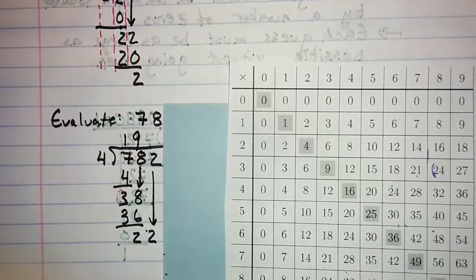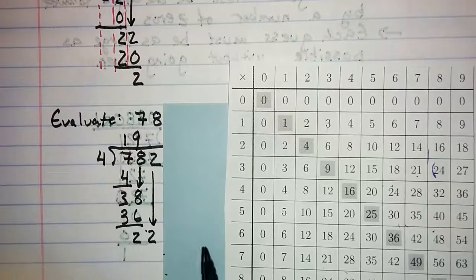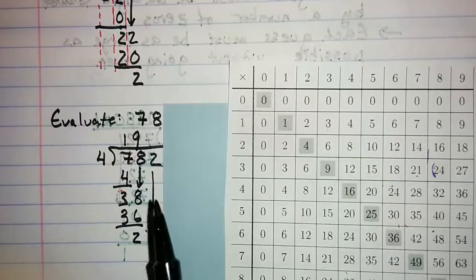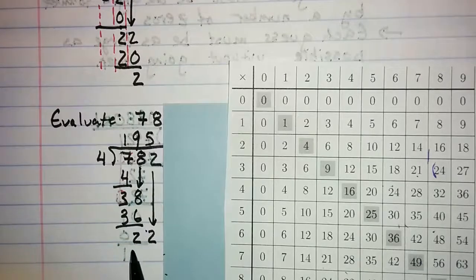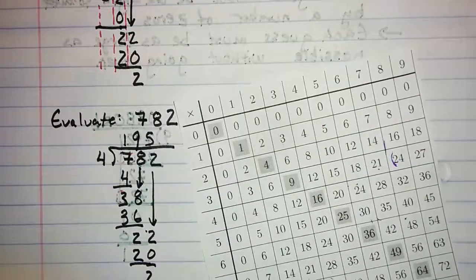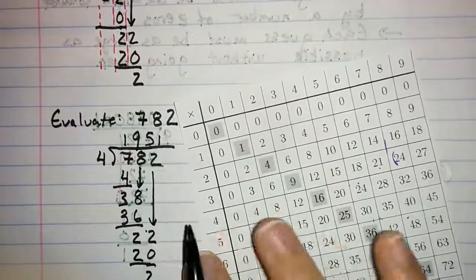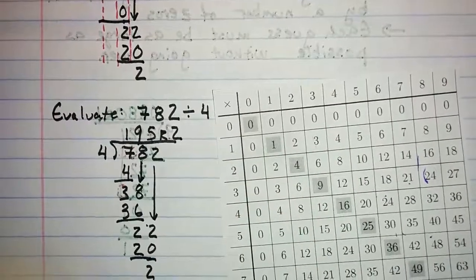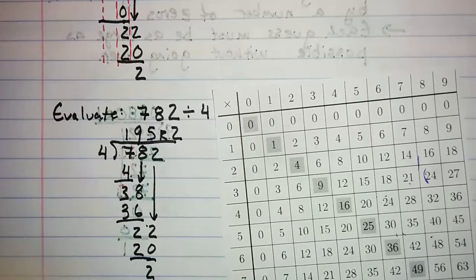Bring down the 2. 4 goes into 22 5 times, using up 20 things, with 2 left over. And so, since I'm out of digits, my remainder is 2. My quotient is 159, and my remainder is 2.